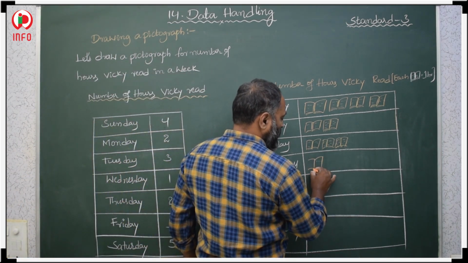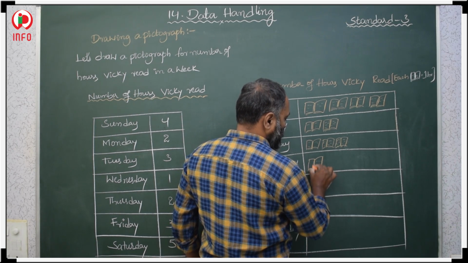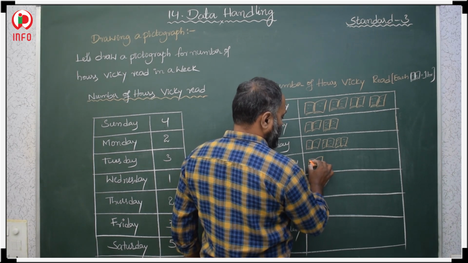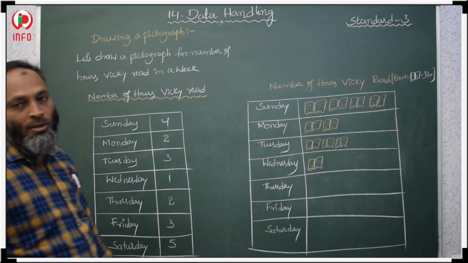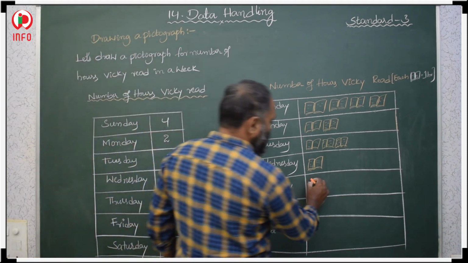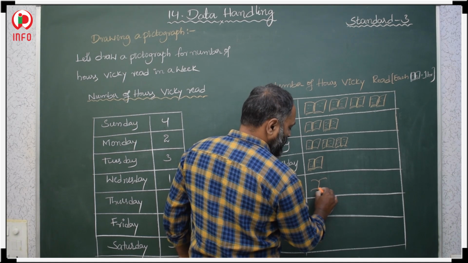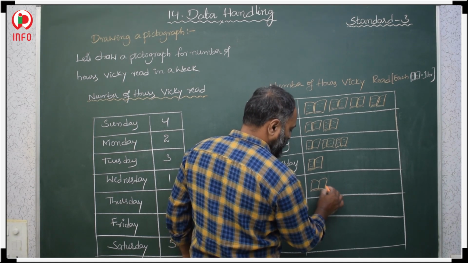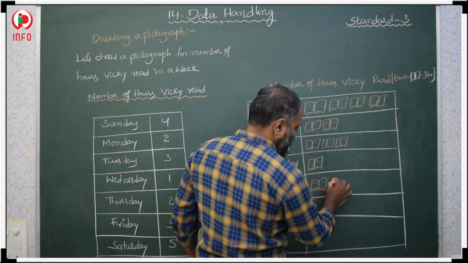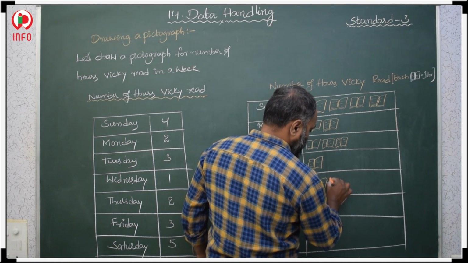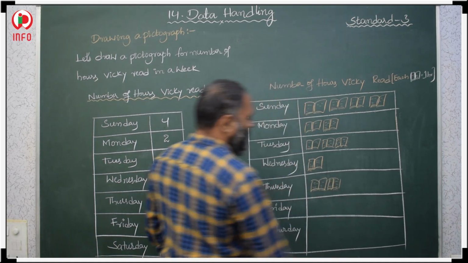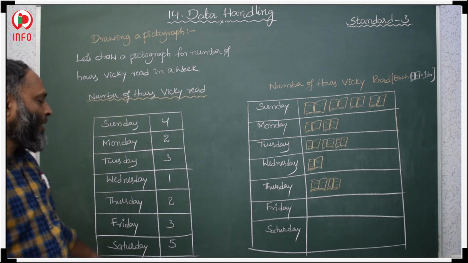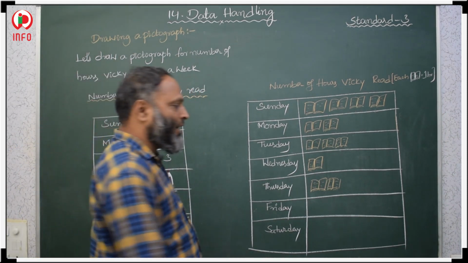Draw 1 book. On Thursday, 2 hours means 2 books. On Friday, 3 hours means 3 books.